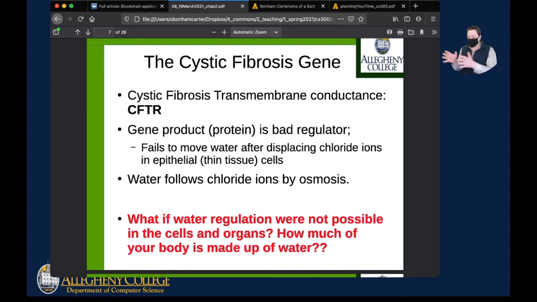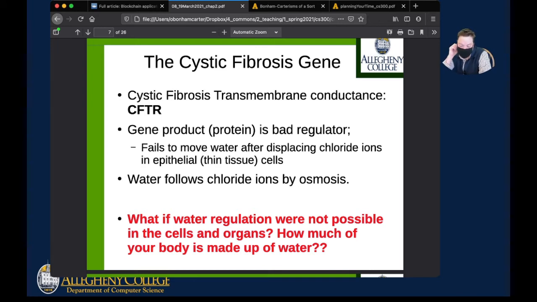It's one small piece which actually has a crippling effect on the rest of the whole. And so this is exactly what we're talking about here: there's a protein product at the cell wall, and that protein is supposed to move chloride ions by osmosis into and out of, and around in the cell here.